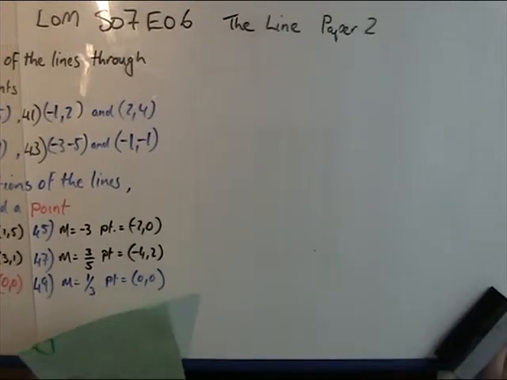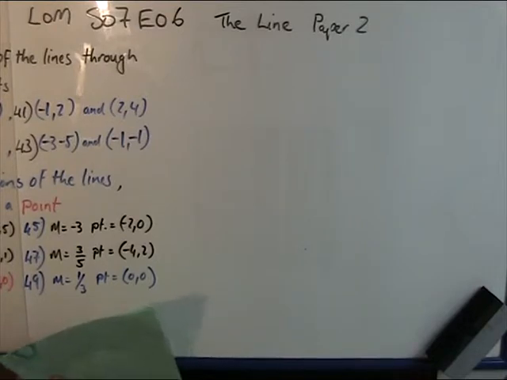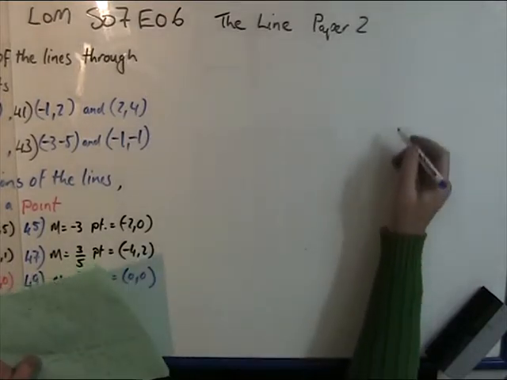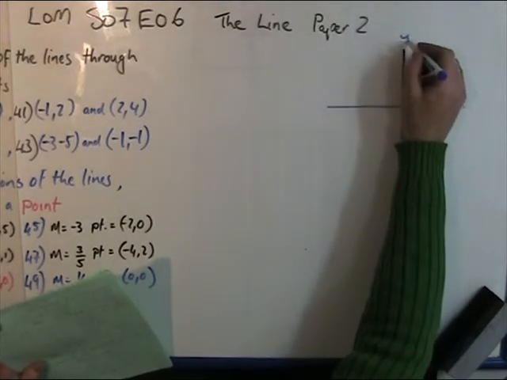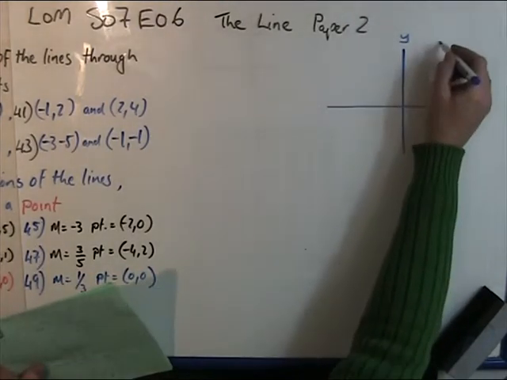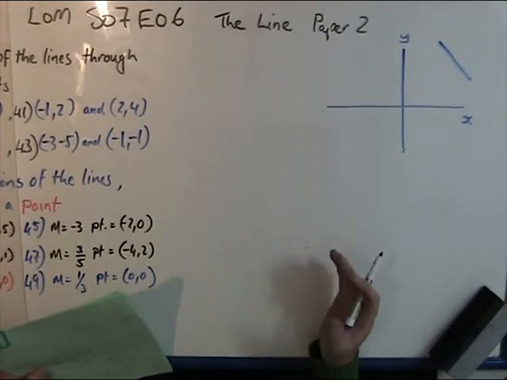So what does finding the equation of a line mean? It means that when you're looking at an X and Y diagram and you have a line, you can give that line a name. Really what you need is two things to give that line a name.